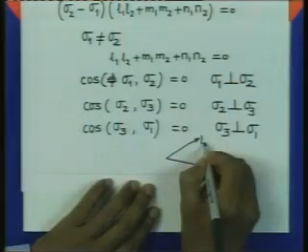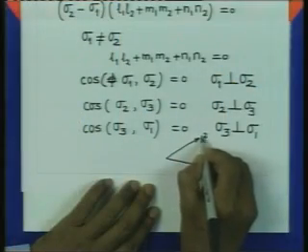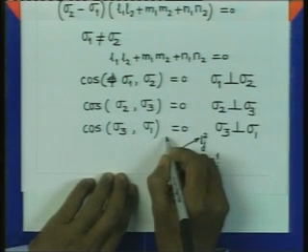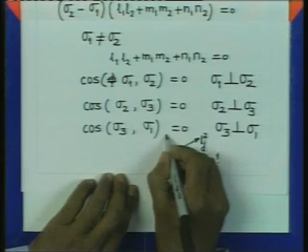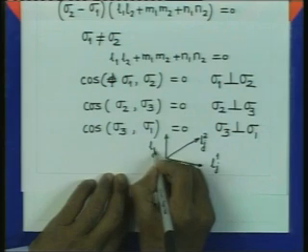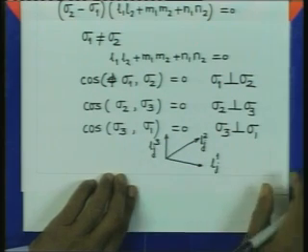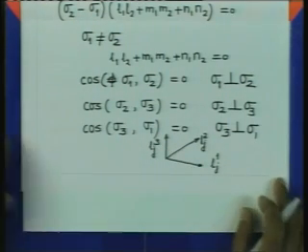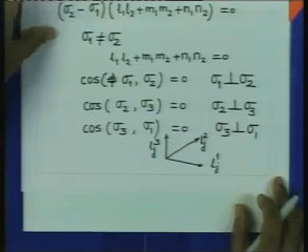So, what it means is that if you consider that the direction cosines of one direction are Lj1, the other direction is Lj2, and the third direction is Lj3, then these three directions are going to be always mutually orthogonal.